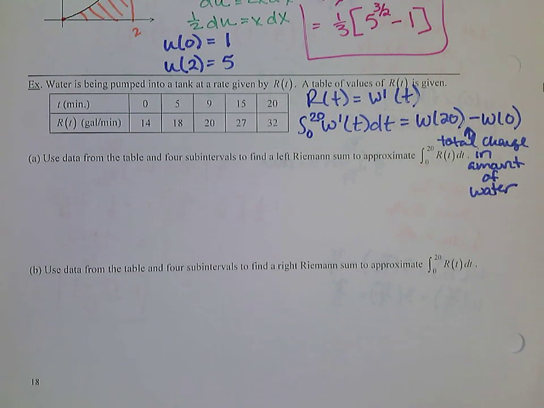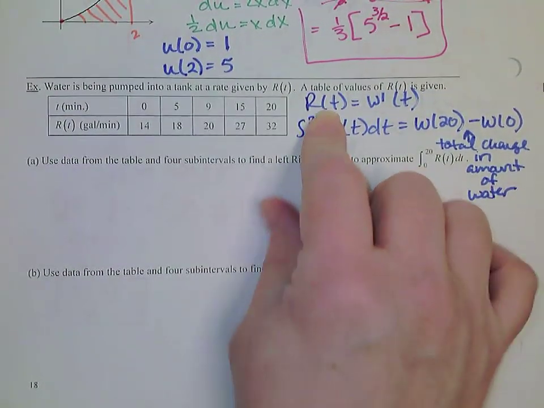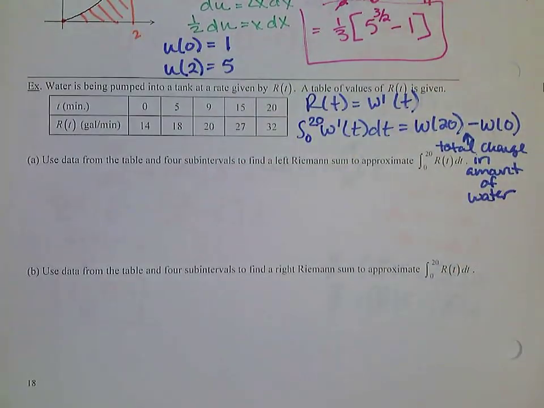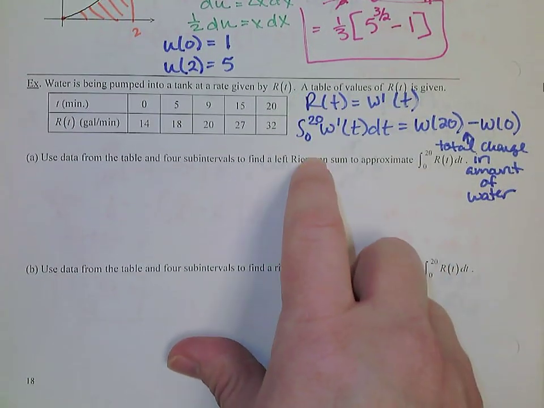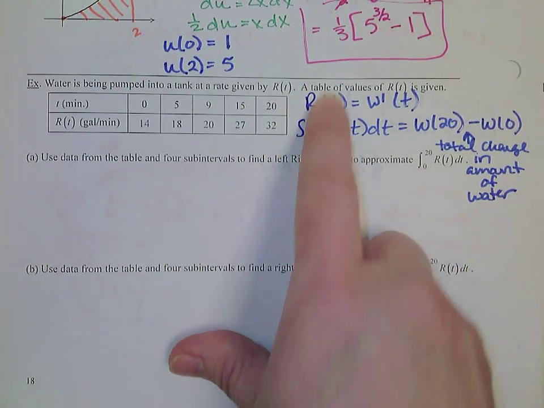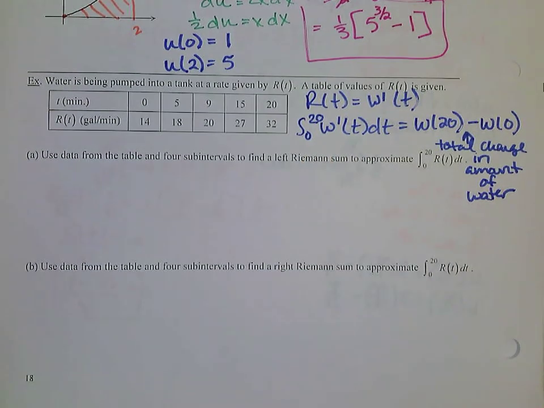Because if, in this case, R is the rate of the water being pumped into a tank, we said that that represents the rate of change of the volume of the water with respect to time. So we could think of R as the derivative of W, if W is the function that represents the volume of water in the tank. Well, then if we apply the fundamental theorem, if we're integrating R from 0 to 20, we're integrating the derivative of W from 0 to 20.